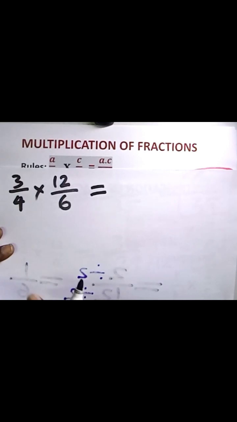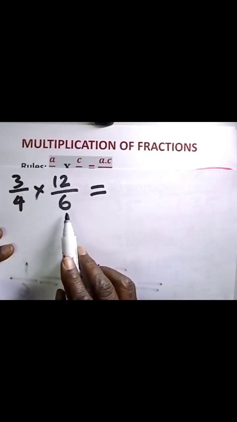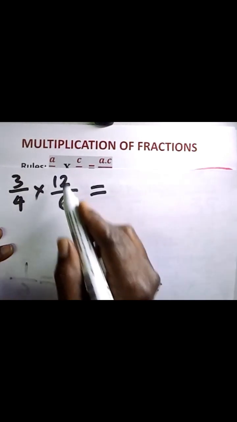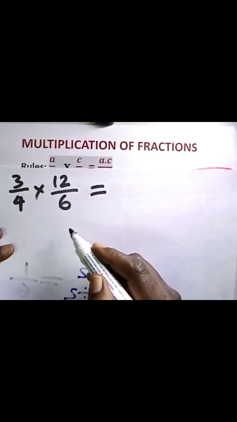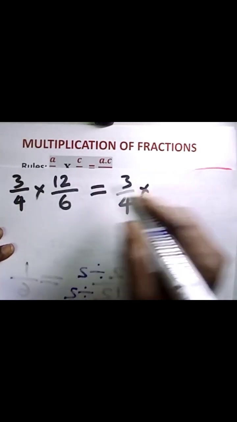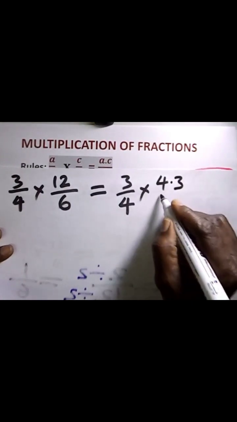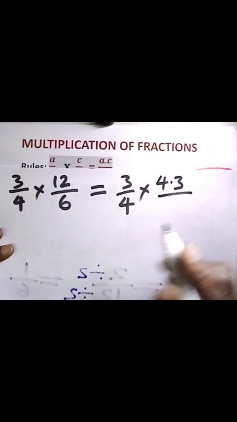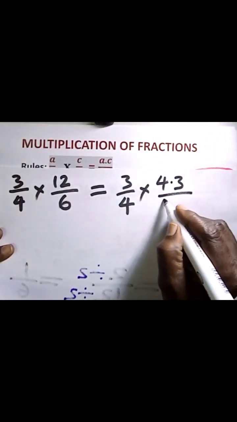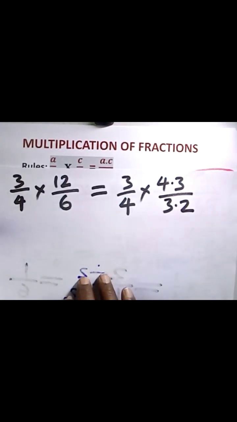Now look at this. Something else we could do is this. Here I have 3 and here I have 6. I could see how I can reduce these two fractions. 12 is the same thing as 4 times 3, and 6 is the same thing as 3 times 2. Did you get that?